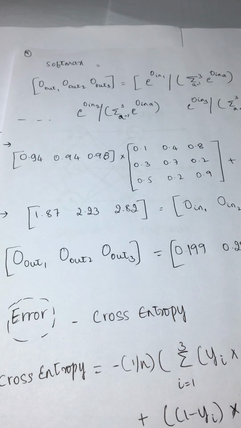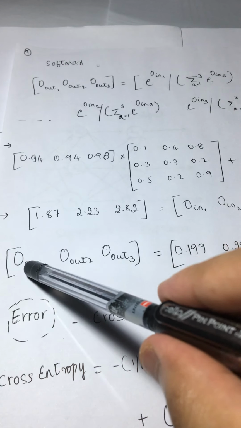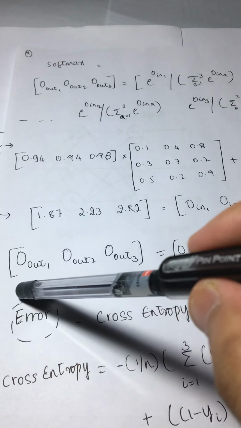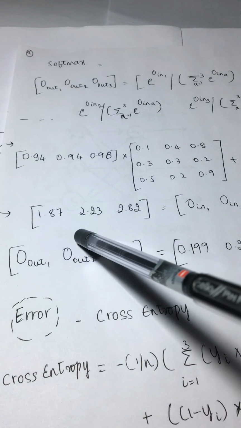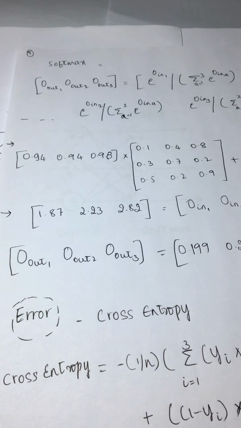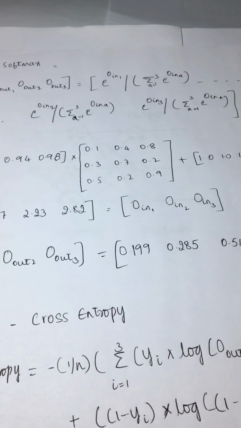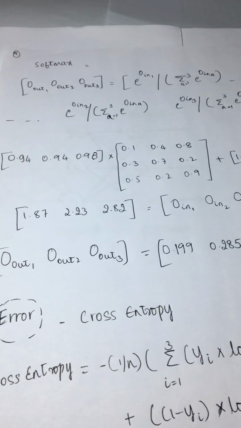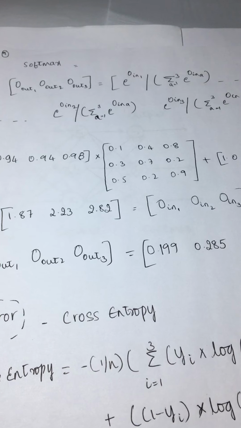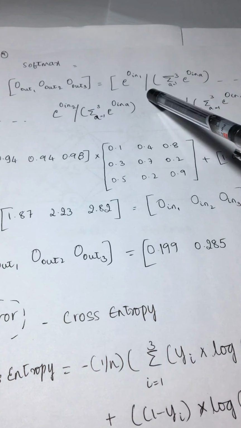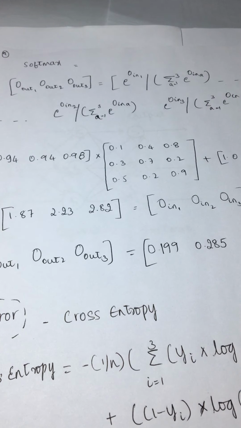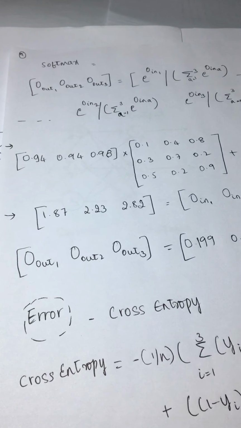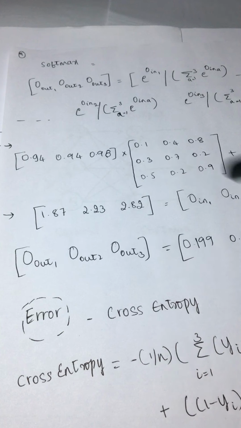Your input for softmax is this particular row, O in 1, O in 2, O in 3. So softmax is e to the power of O in 1 by summation of everything, e to the power of O in 2 by summation of everything, e to the power of O in 3 by summation of everything. That is basically what this is.